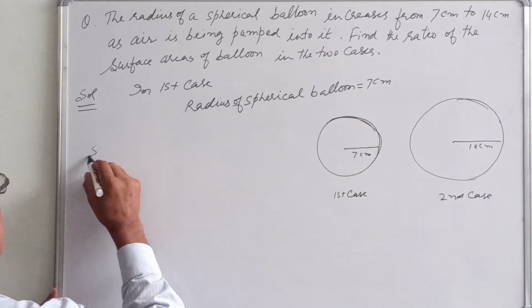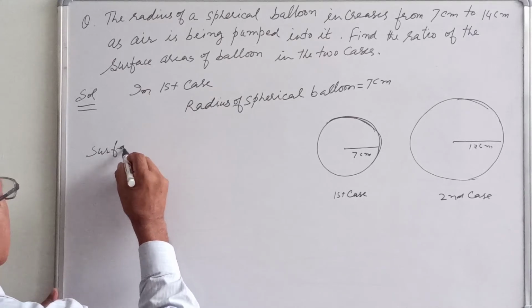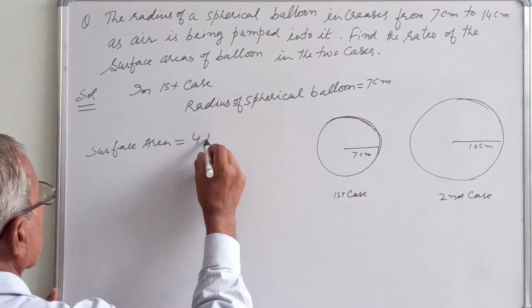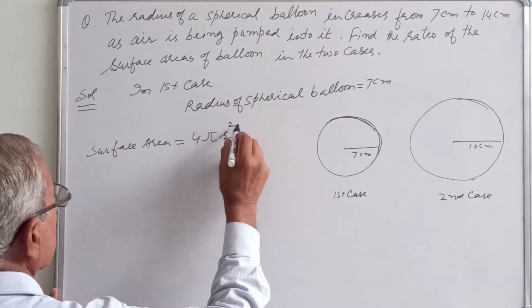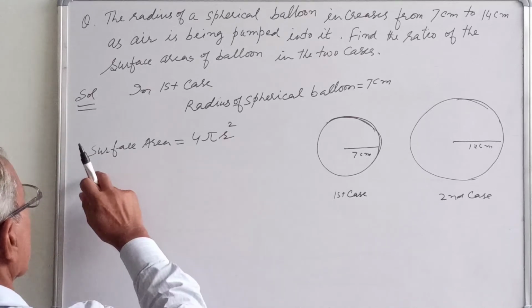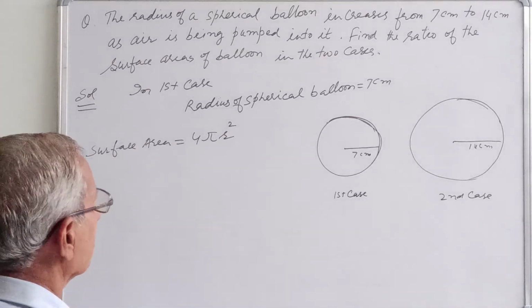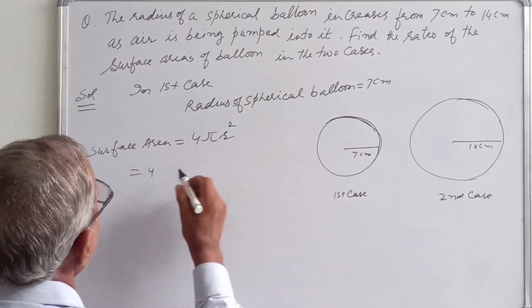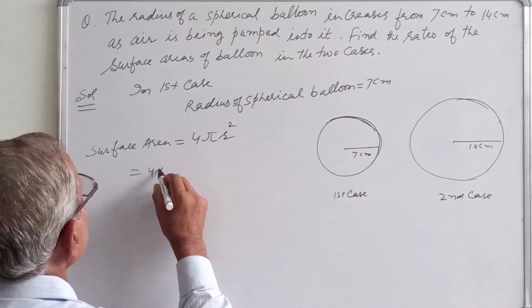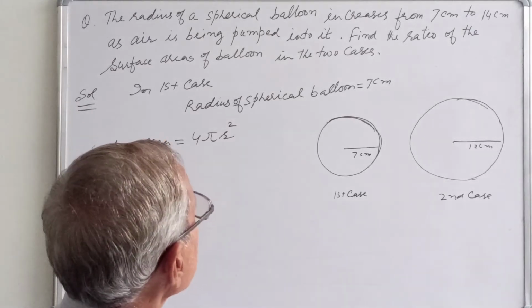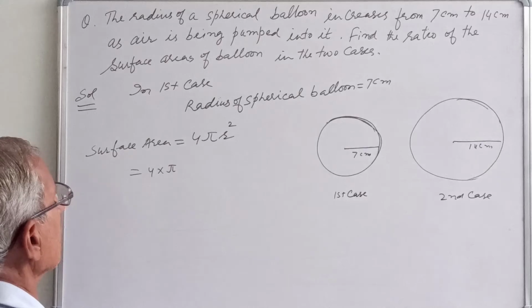The surface area will be 4 pi r square. 4 pi r square is a formula for the surface area of the sphere. 4, use pi as it is because we have to find the ratio and not the actual value.